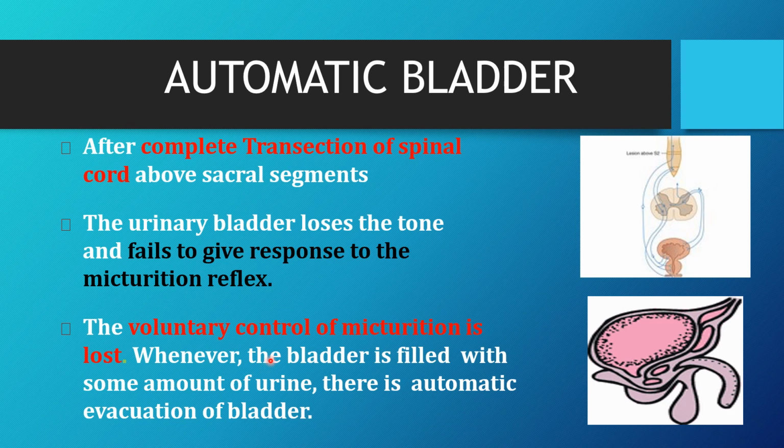This is like the previous one, but in the previous condition the bladder fills and there is overflow dribbling. Here only a small amount is present, and that also will be evacuated automatically.